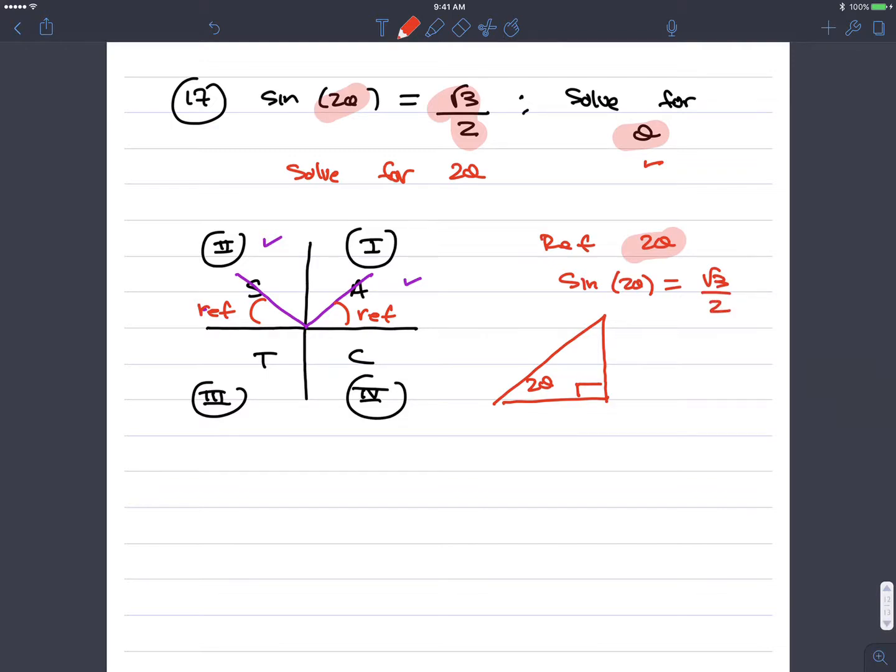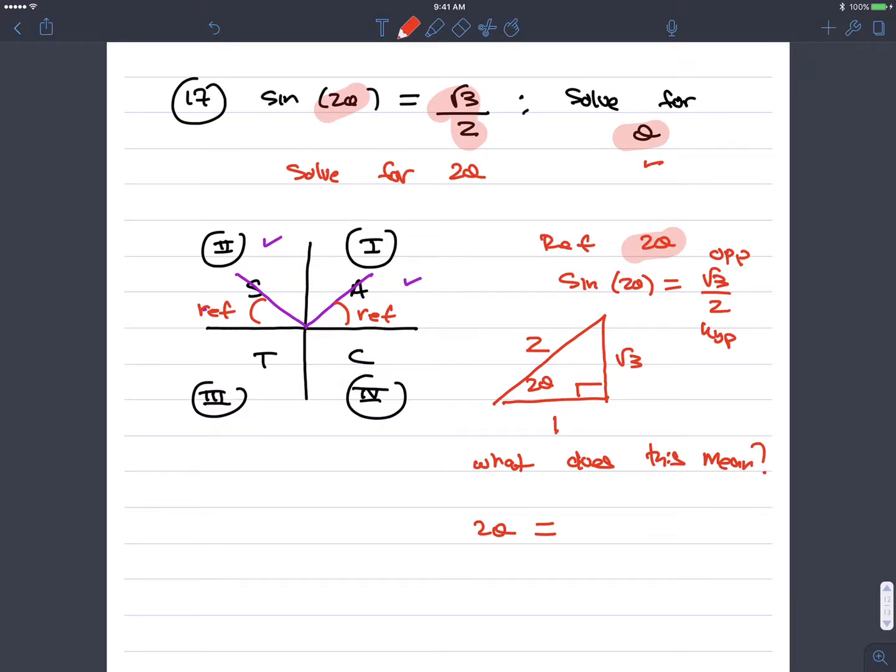What's the definition of sine? Opposite over hypotenuse. So this is square root of 3, and this is 2. What's the adjacent side? 1. Okay, now, what does this mean here?